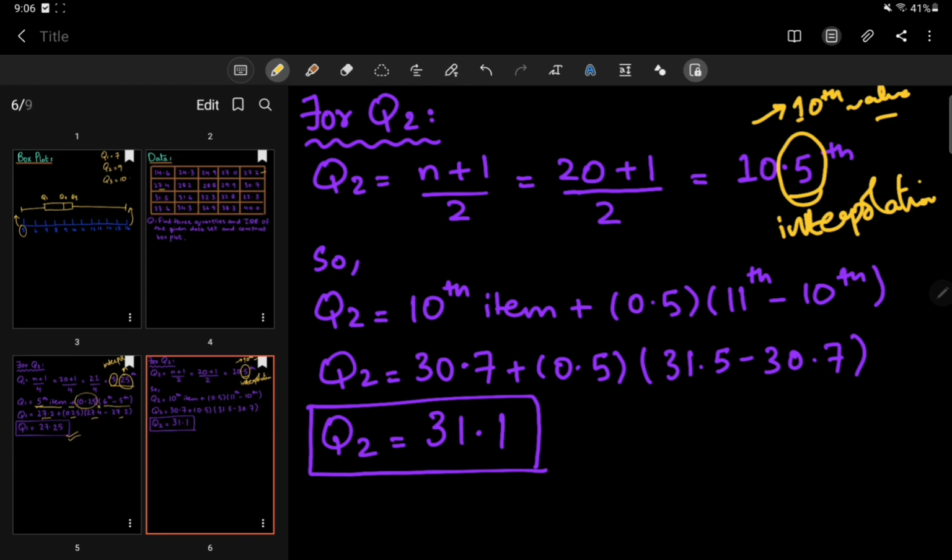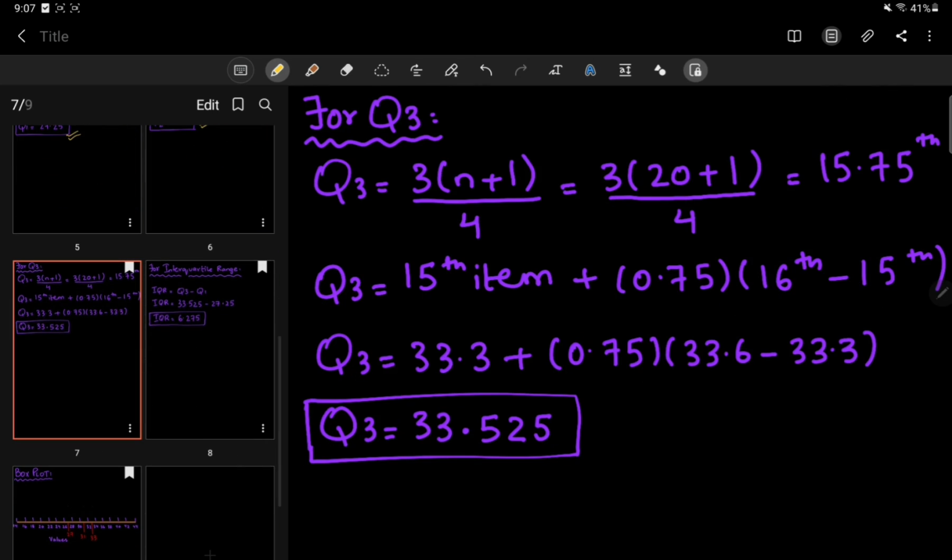We don't have to use the interpolation method, because the interpolation method is only used when a decimal is given. So by applying the formula and writing the values of the items, we got the answer 31.1.